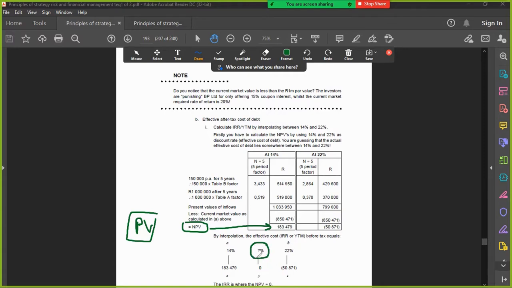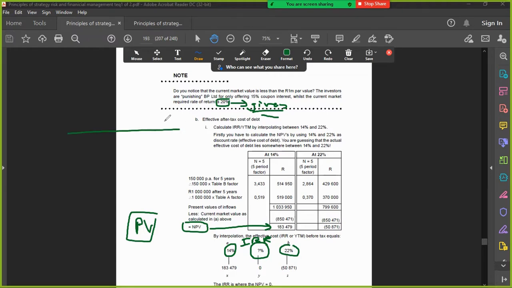What is the IRR, the internal rate of return, if I'm using 14 and I'm using 22? Remember, if you're using two different amounts, we know what the rate was. What was the rate? 20%, right? Yes. That was given in the question. Okay, this 20% is actually calculated using the discounting of future values back in time. Does that make sense? Yeah.